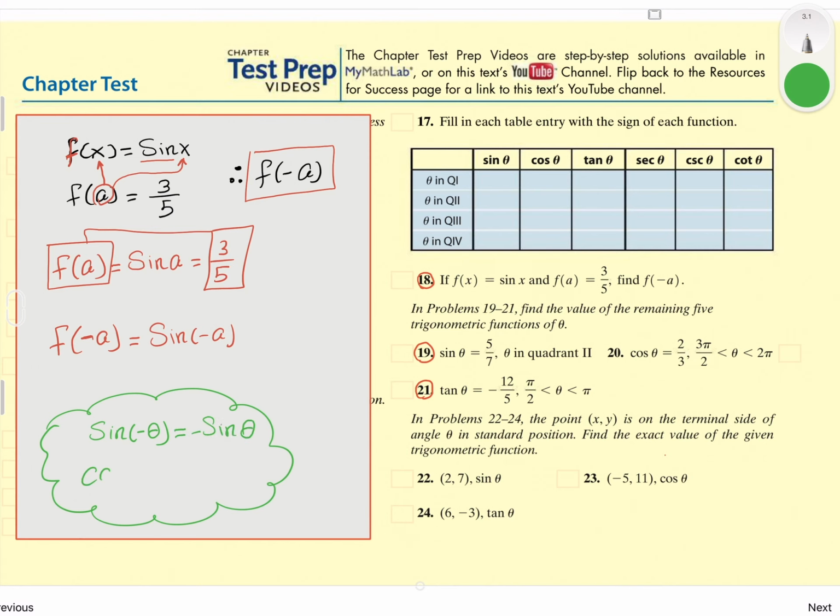Cosine is even and sine is odd. So we have sine of negative a. Because sine is odd, the negative goes outside. It will be negative sine of a, and sine of a is 3 over 5. Therefore, f of negative a will be negative 3 over 5.